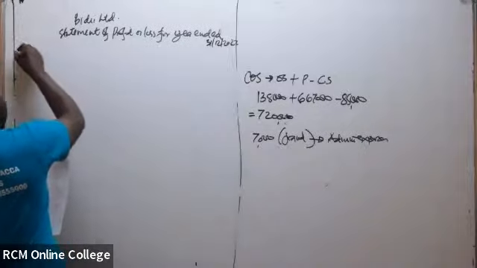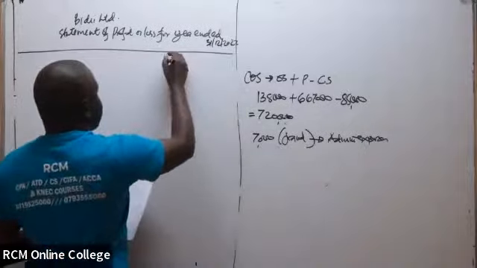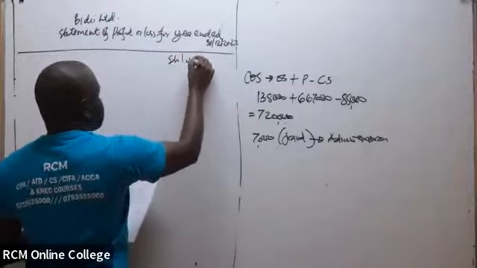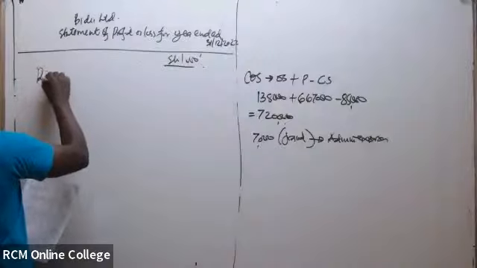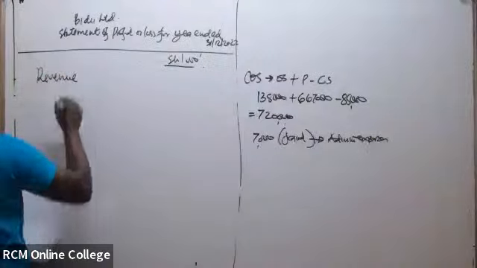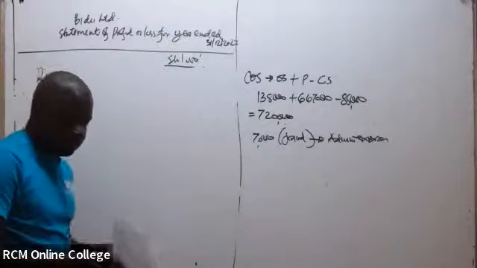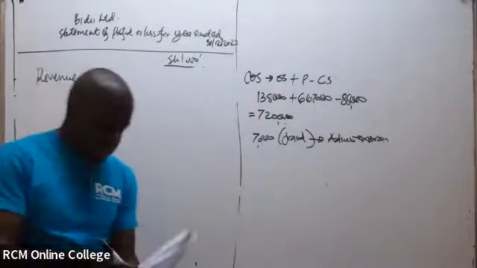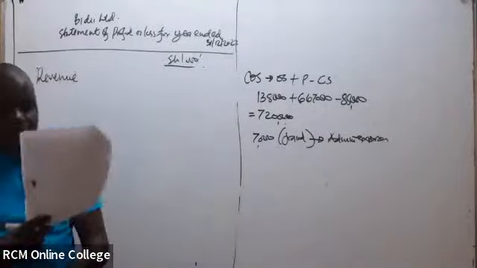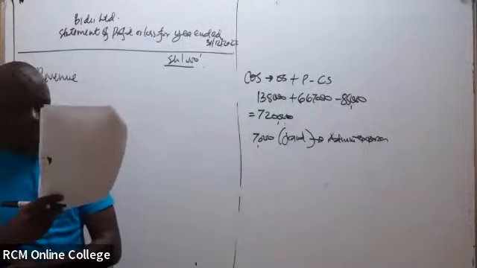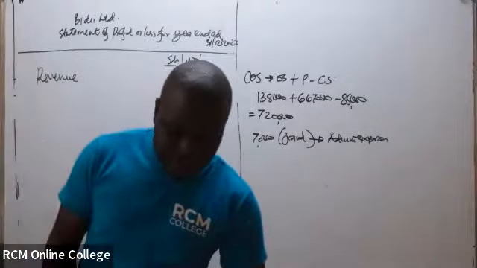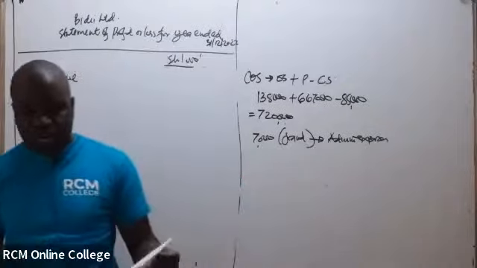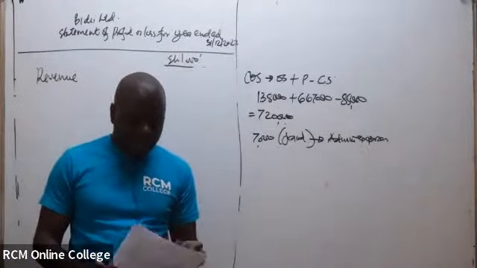You can present in shillings of thousands. Automatically, we start with the revenue. What was received as revenue? Revenue, you've been given 1,123,500. But remember, there's something I told you under working number 1, where there was this item.